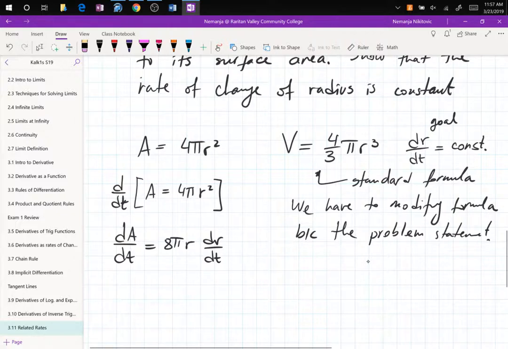So now, because they're proportional, the volume would be K times 4 pi r squared. So we are not using the actual formula for volume as we should, because the statement says that the rate at which the snowball melts, which means losing volume, is proportional to the surface area.